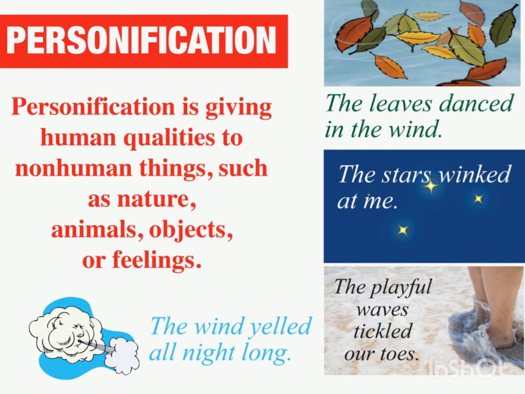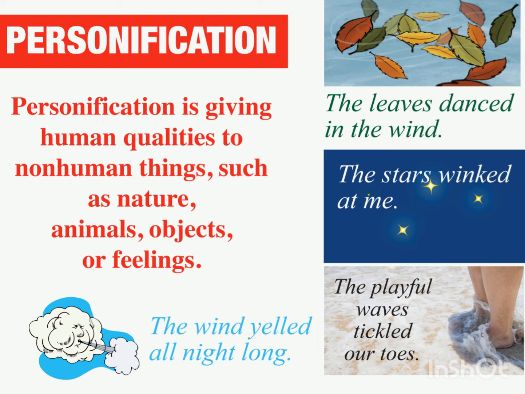The next one is personification. Personification is giving human qualities to non-human things such as nature, animals, objects, or feelings. Some examples are, the leaves danced in the wind. We all know that the leaves don't dance, but actually the leaves are swaying in the wind. But for a poet or a writer, it looks like the leaves are dancing in the wind.